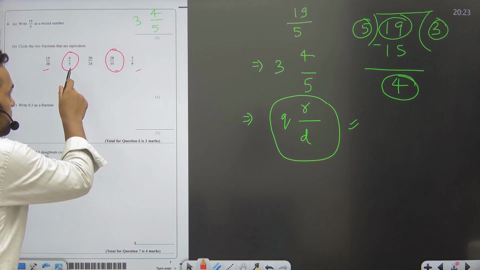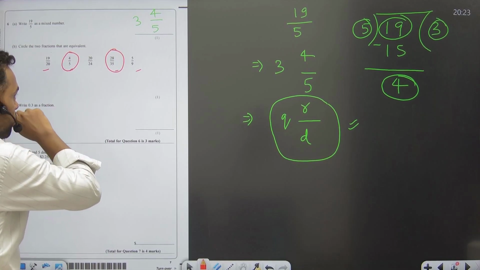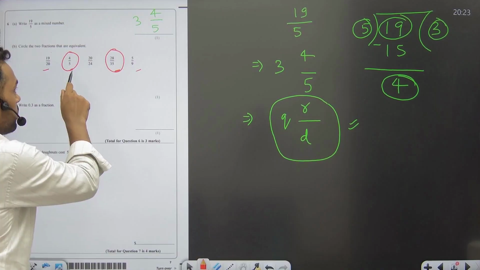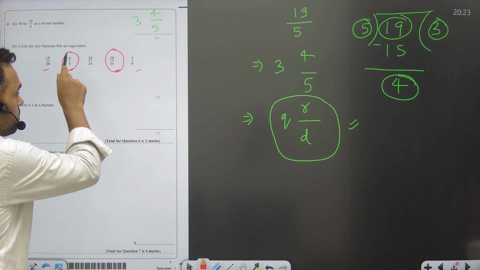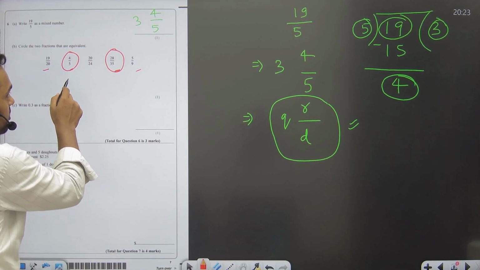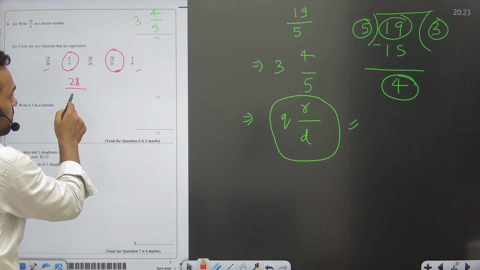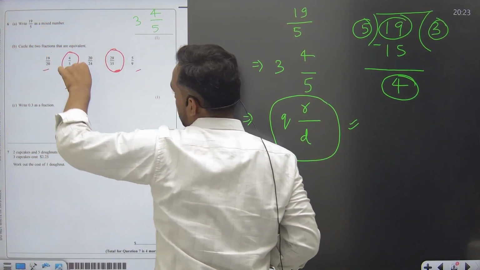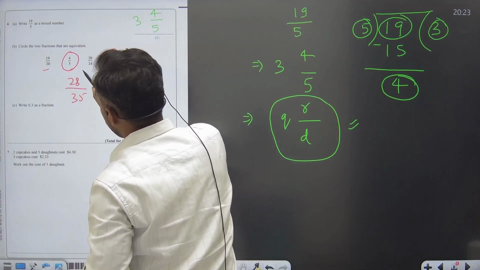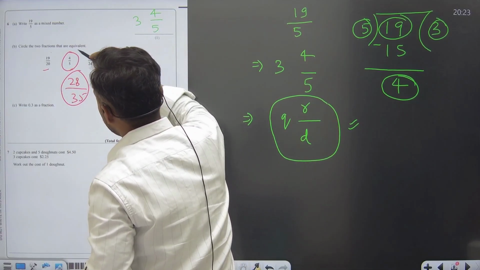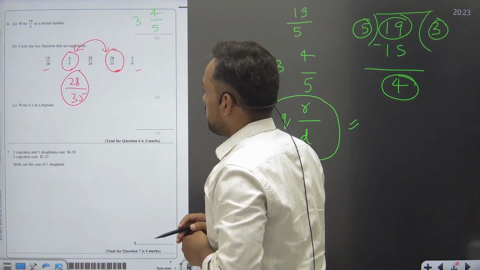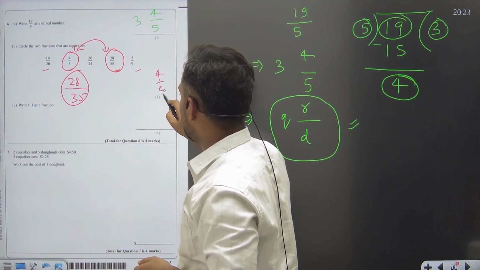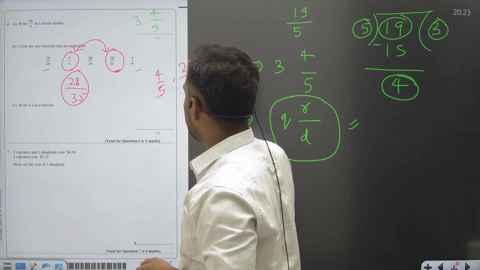The denominator of 4 by 5 is 5 and here it is 35. What if we multiply 7 in both the numerator and denominator? You will get 28 upon 35. I multiplied 7 in the numerator as well as in the denominator, so this and this are equal. They are equivalent in nature. So we'll write 4 by 5, 28 by 35.